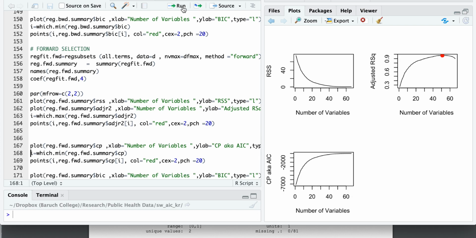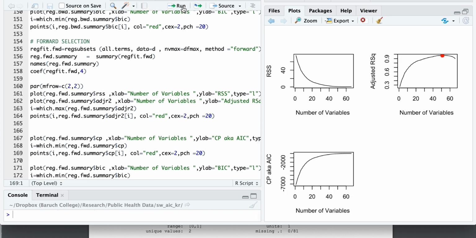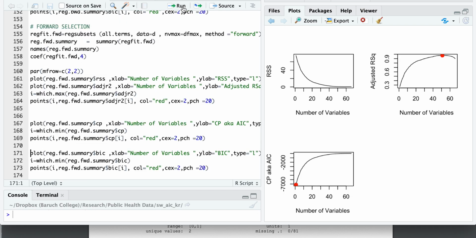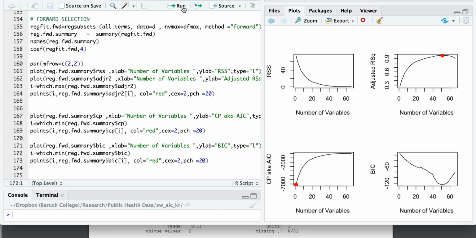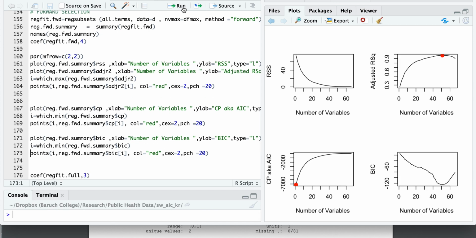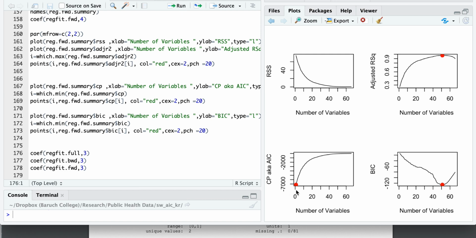Yes, and then for AIC, it's still just increasing, which is strange, but BIC is more reasonable now. I don't know what's wrong with AIC here, but this is reasonable. So these two numbers at least are close, and the shape is what we expect to see.